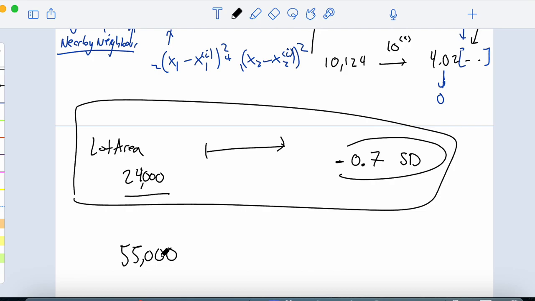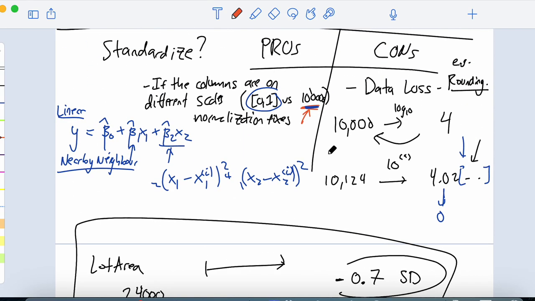And your model will run it assuming that it was like negative 0.7. And it'll be like, what the hell is 55,000? So whatever you do to your training set, you're going to have to do again to your test set. And that can also lead to problems. Like, how do you convert? So when you run it on the training set, do you include the test set or not? What should you do? And so I think a big con is usability, being able to run it on new data.